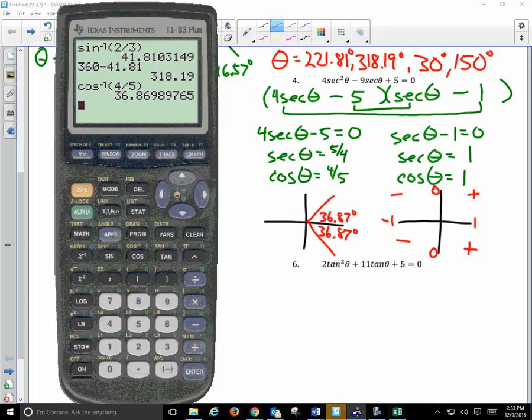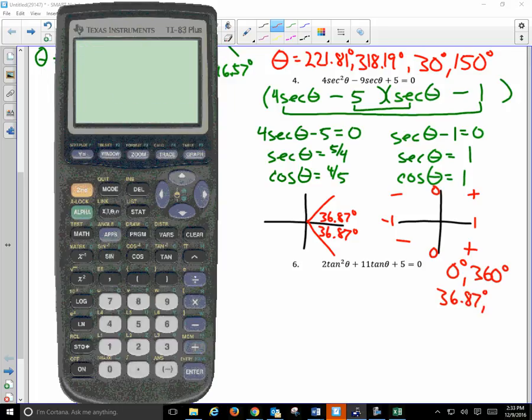So cosine is positive 1 at 0 degrees and 360 degrees. Again, you want to solve for these between 0 and 360. My other two solutions will be 36.87 degrees and 323.13.